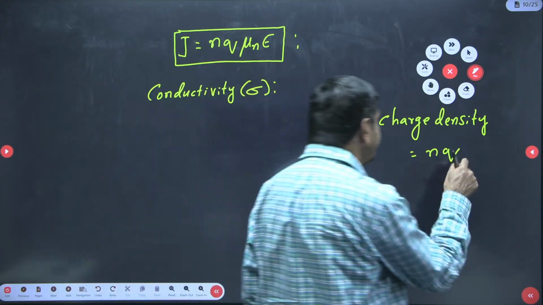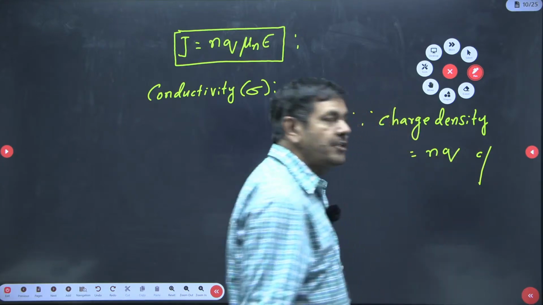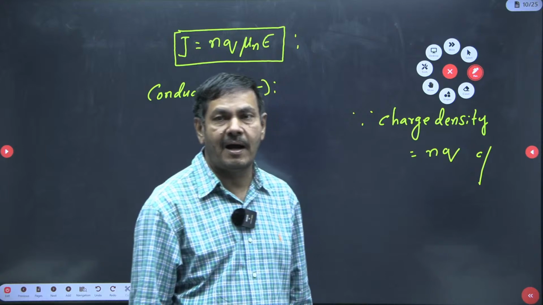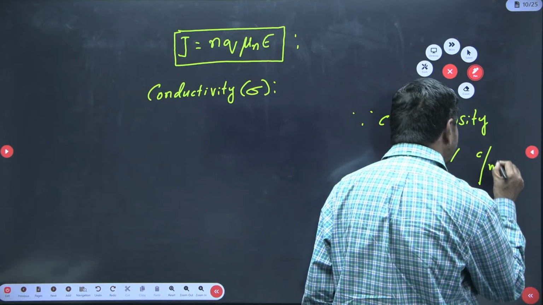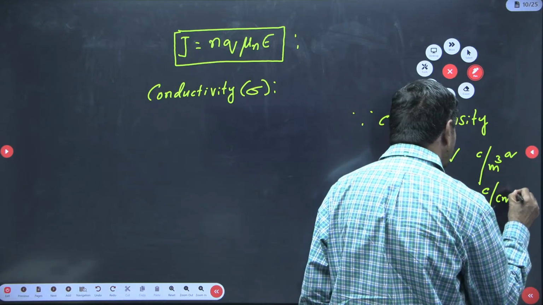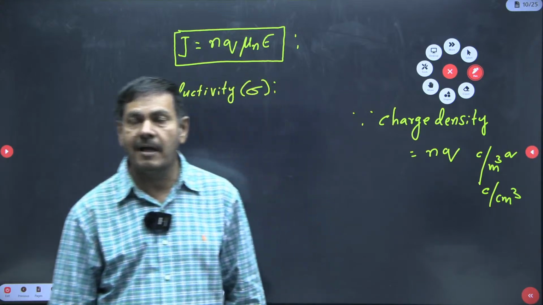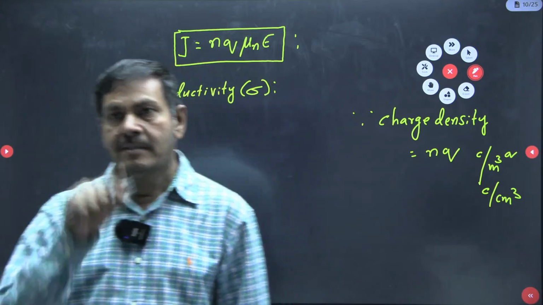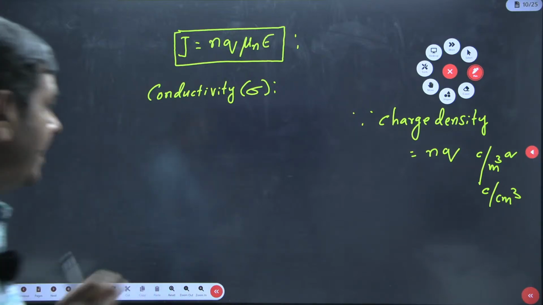The q, what are the units? Q means coulombs. Concentration units are per meter cube or per cm cube. Coulombs per meter cube is allowed, or coulombs per cm cube is also allowed. Charge density can be given the symbol rho, also accepted.